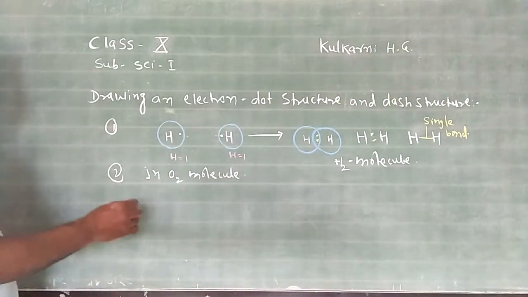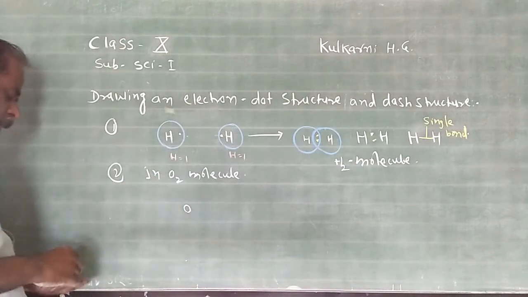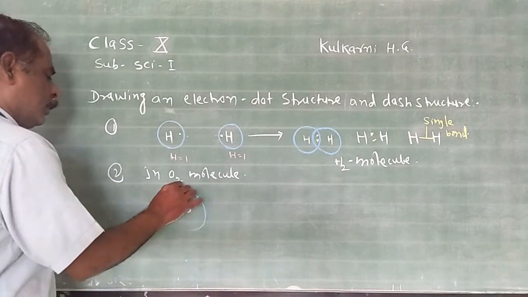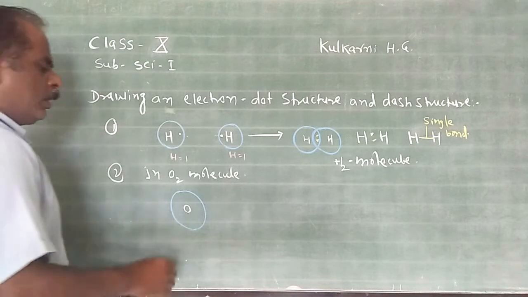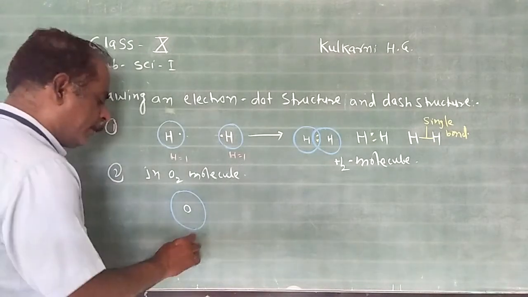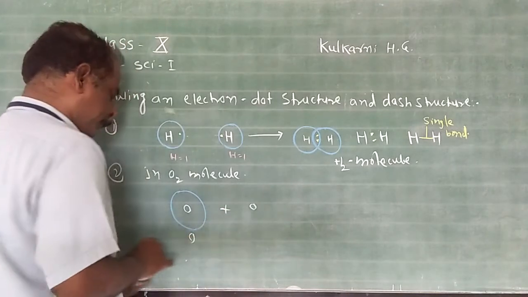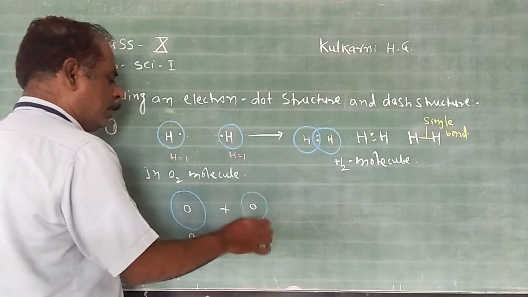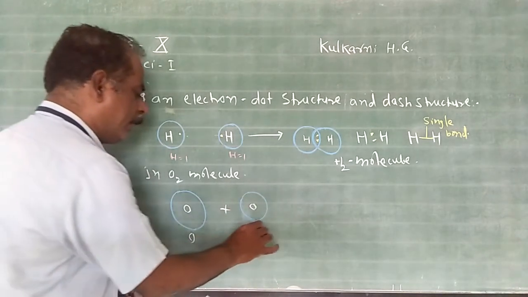First write the symbol of oxygen at the center, then draw a circle around the symbol. This is the first oxygen atom, and the second oxygen atom, with a circle drawn around the symbol.